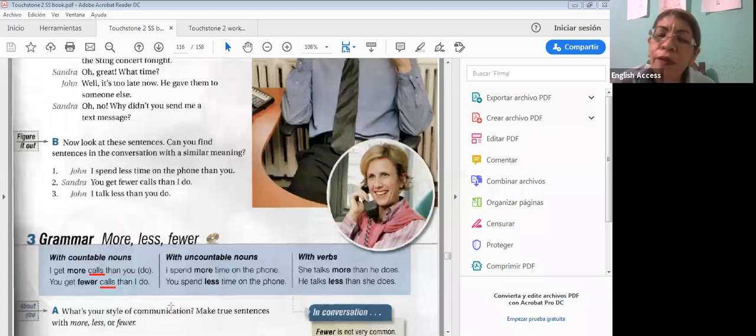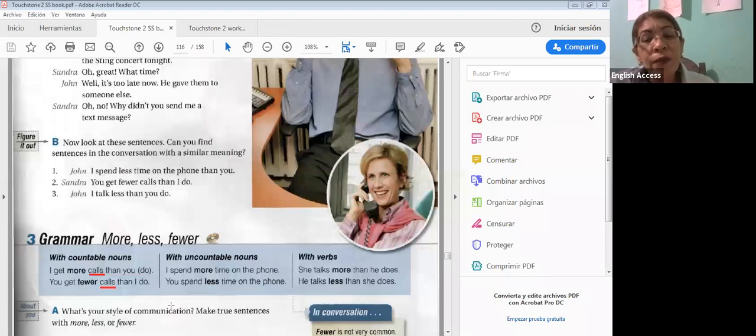A phone call, 2 phone calls, 3 phone calls, 4 phone calls, etc. They are countable. So for countable, we're going to use more or fewer. Once again, I get more calls than you, or the opposite, you get fewer calls than I do. Once again, we have a countable noun that is calls.